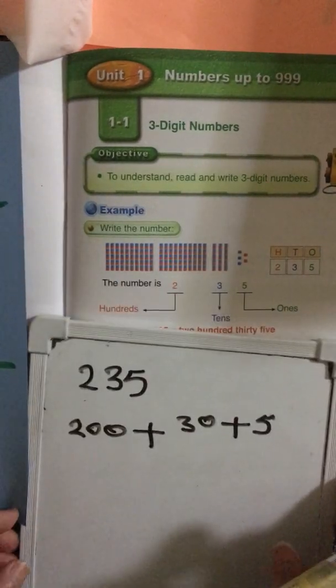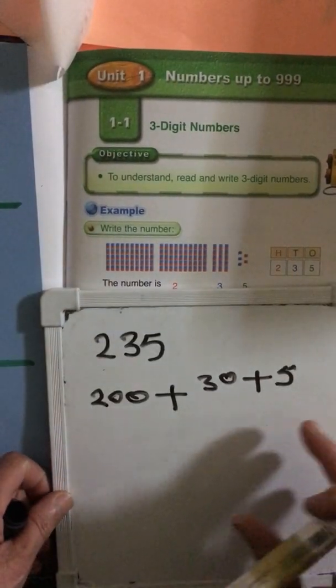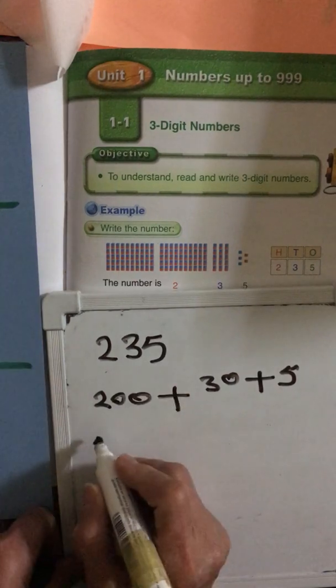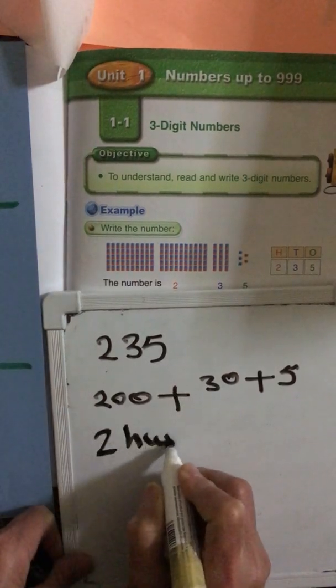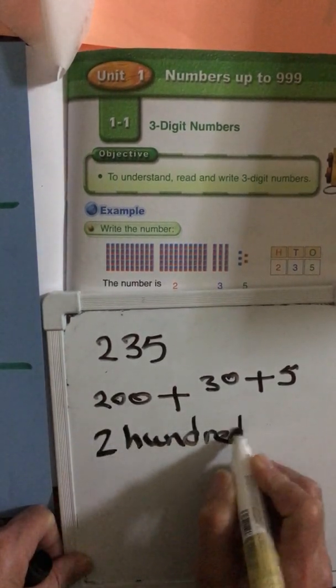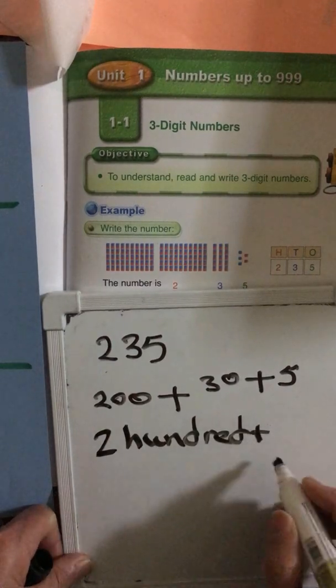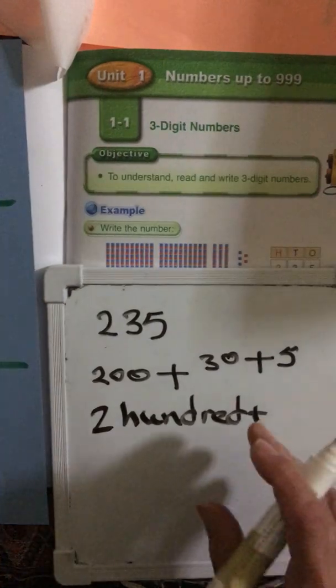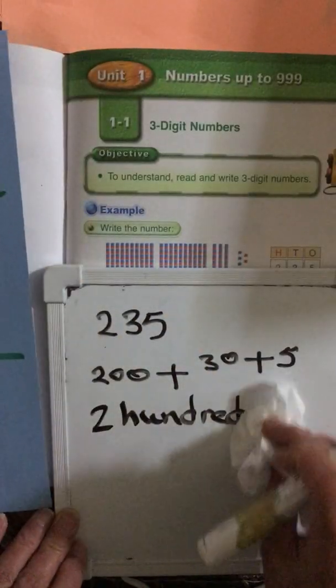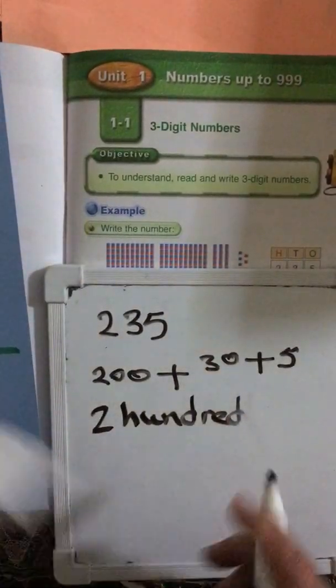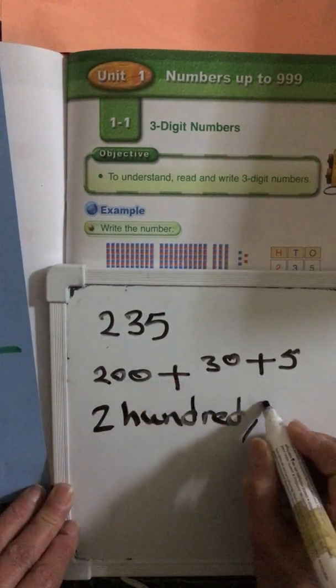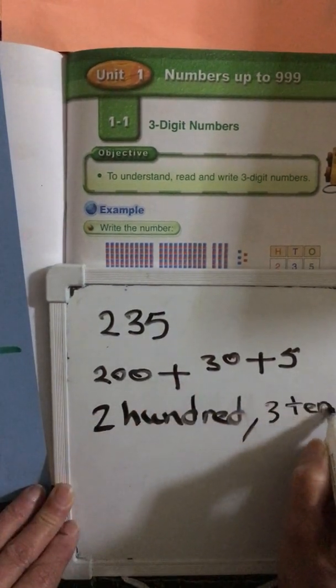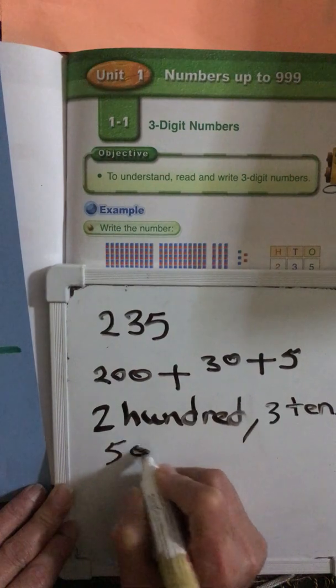Okay, I can write it in short word name. I can write it 200 with the name of the place, right? Plus no, there is no plus, only it is 200 without comma, 3 tens and 5 ones.